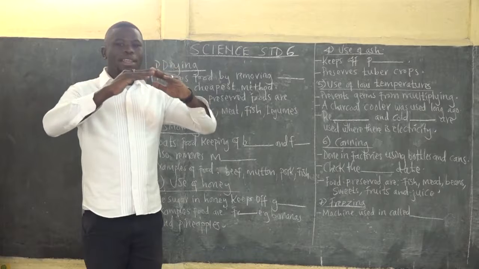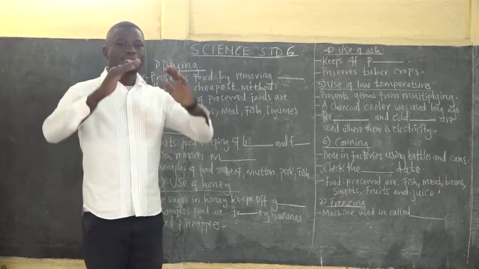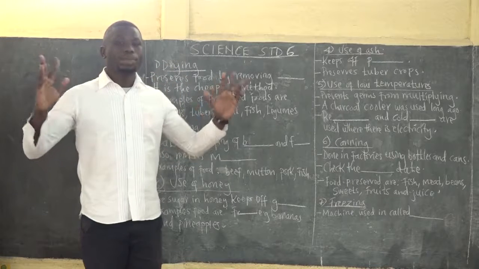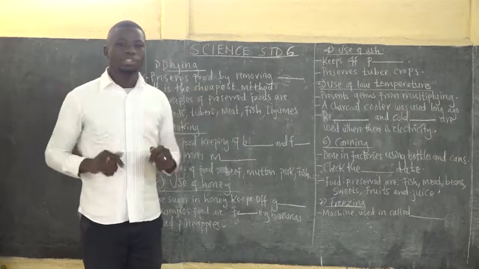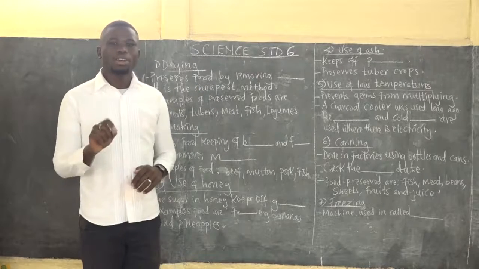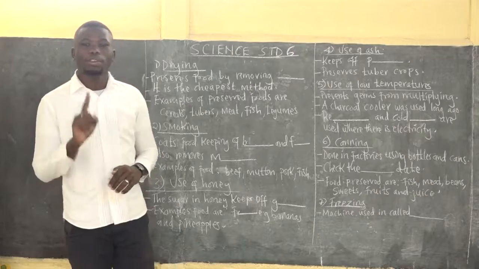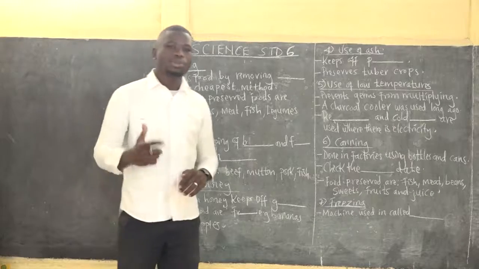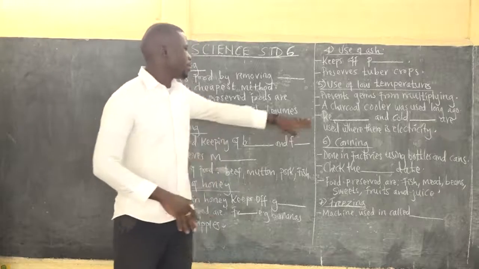Then what is happening here is this water, as it rises in the piece of cloth, it evaporates. And that evaporation is the principle under which a charcoal cooler worked. A charcoal cooler used to work under the principle of evaporation. And it was used as a form of low temperatures.